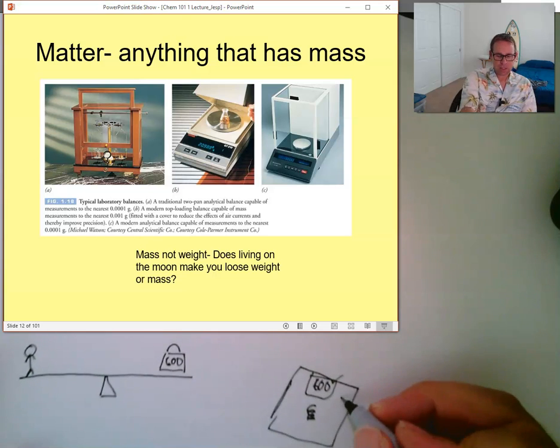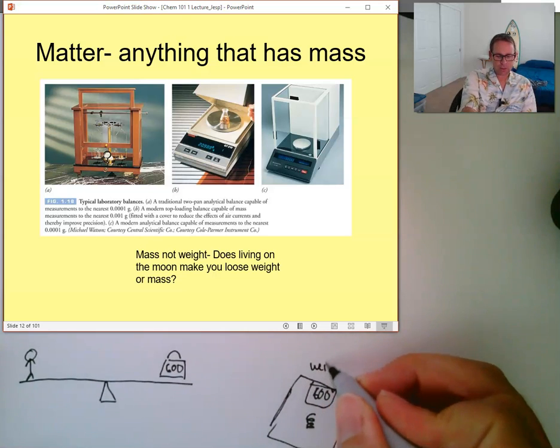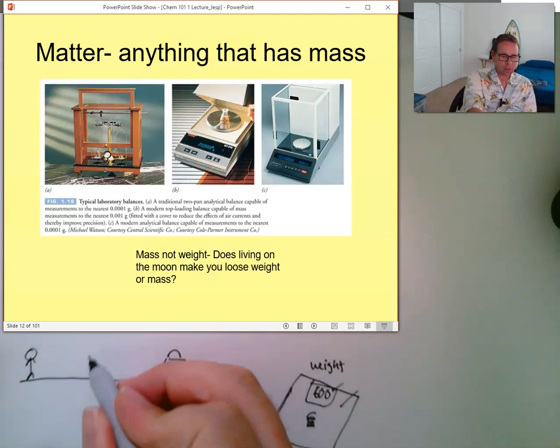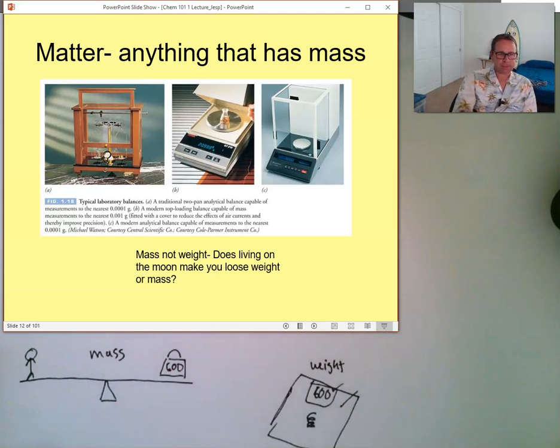Okay? This thing here is measuring my weight, whereas this thing over here is measuring my mass. Now you'd say, wait a second, it's 600 here and 600 there. That's the same. Weight and mass are the same.